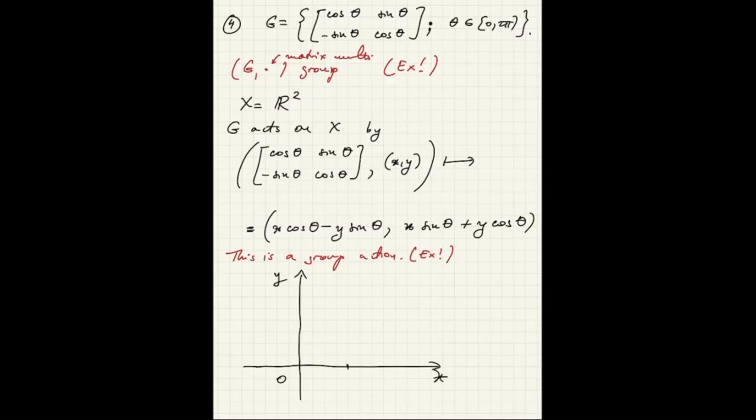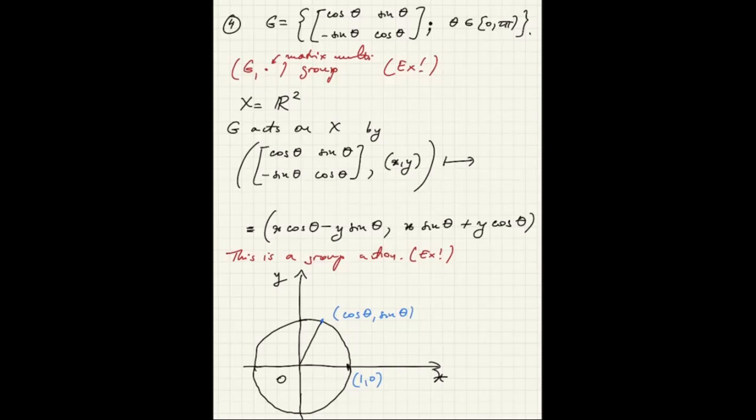So if we take here the point of coordinates 1 and 0, for some theta, if we draw here our unit circle, that will get mapped to this point of coordinates cosine theta, sine theta.